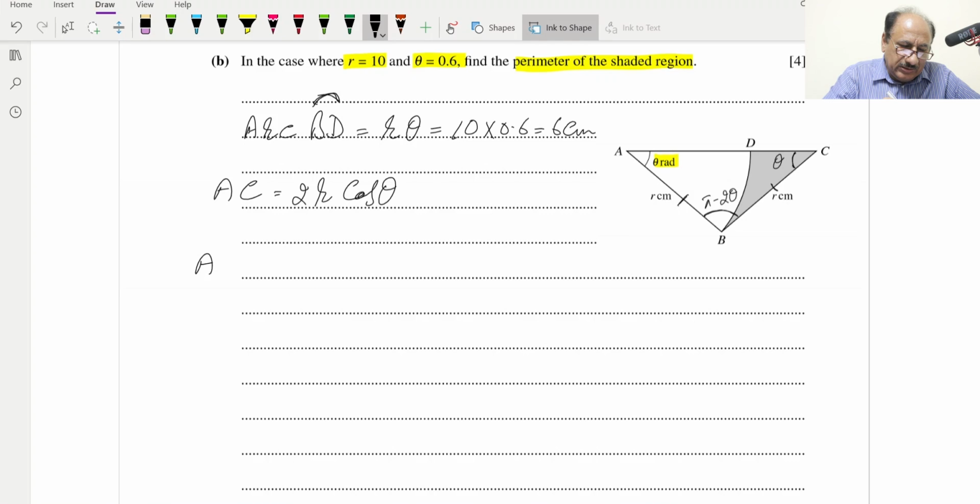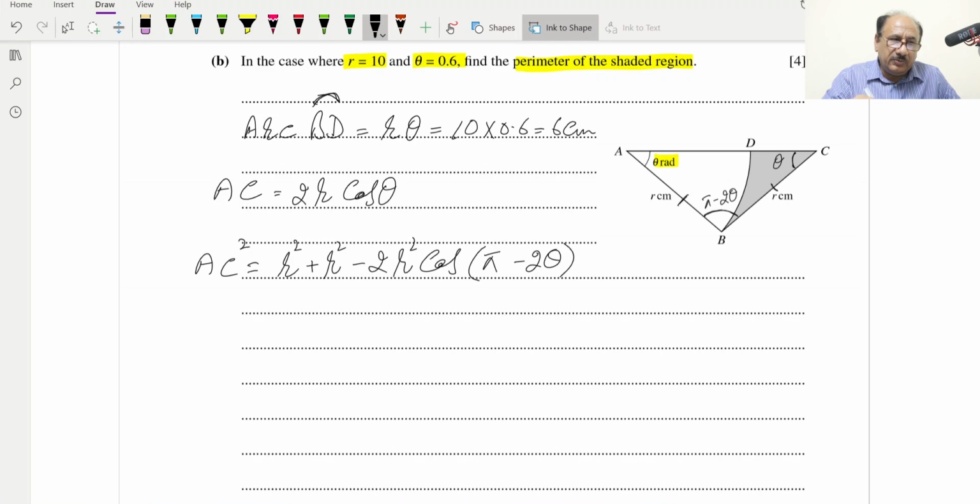So we can find AC square by the cosine rule. AC square is equal to the other two sides squared, which are r, so r square plus r square, this is the cosine rule which I am applying, minus 2 into r square cos of pi minus 2 theta.